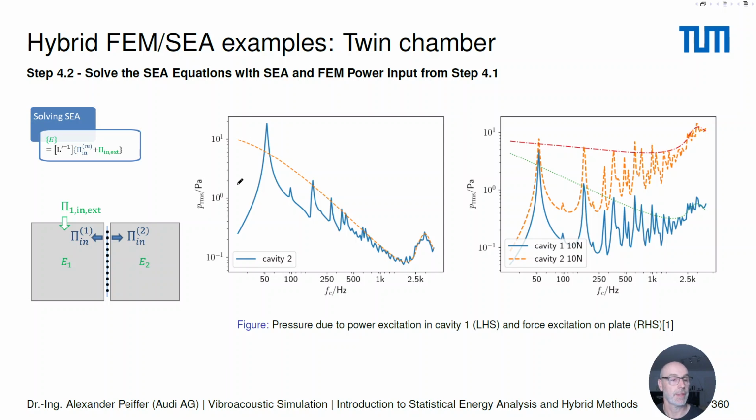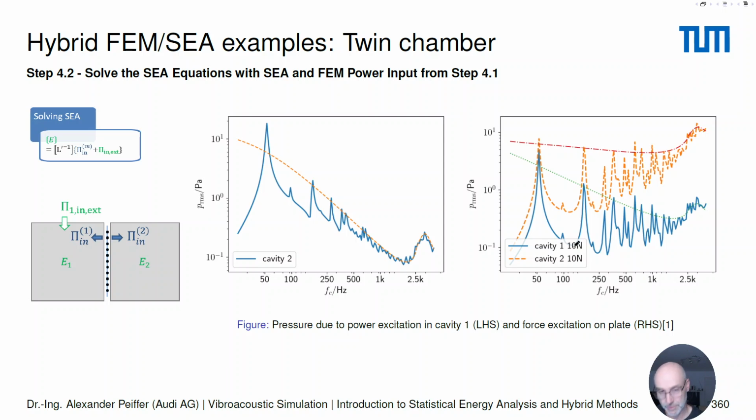And you see that is the power that is just linked to the coupling loss factor between both cavities, giving this, let's say, resonant result in the low frequency and kind of smooth result in the high frequency again. And this is linked to the coupling loss factor, fitting very well to the corresponding SEA result, which is given by the orange line.